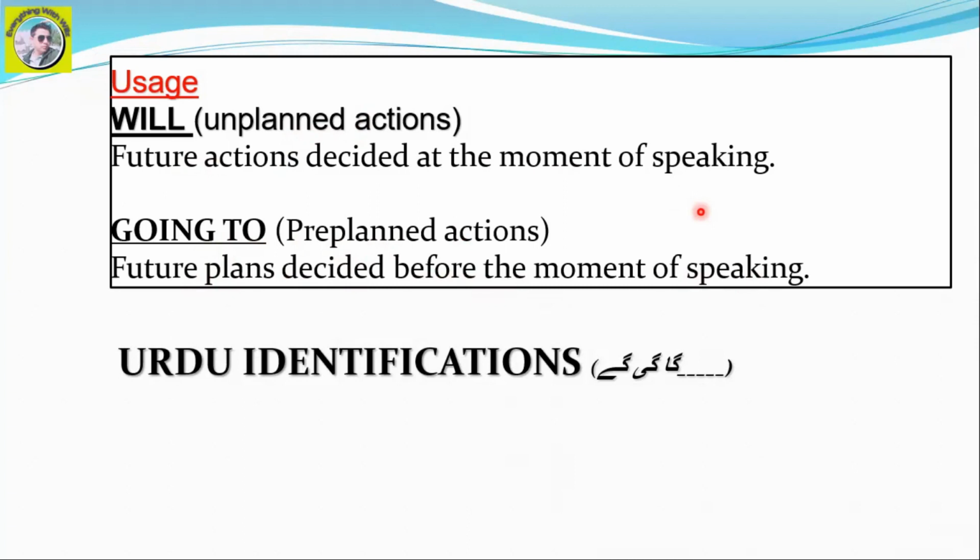You have already decided something maybe 1 day ago, 10 days ago, or a year ago, but you have already decided something that you would do in the future. So for a pre-planned action, a future action which you have decided before the moment of speaking, you use going to. You can't use will in that place, right? You have to use going to.